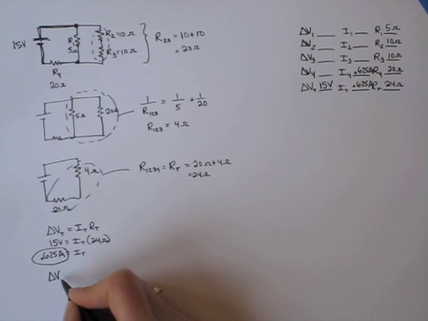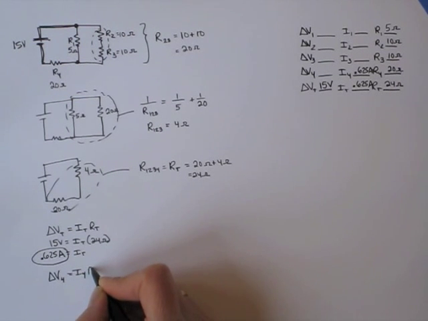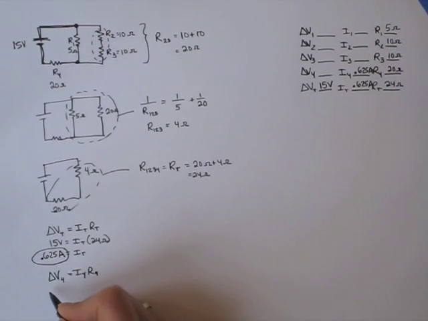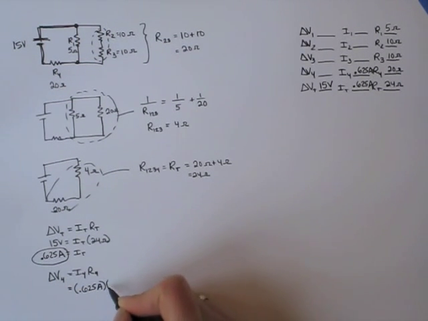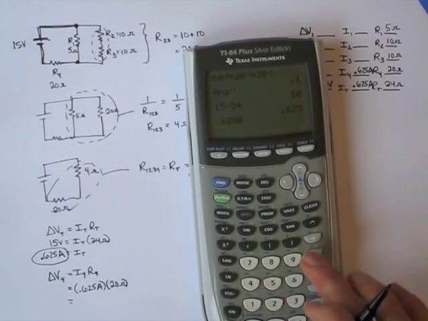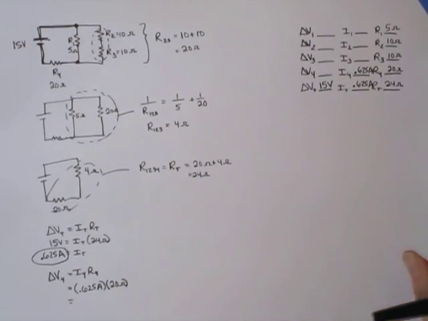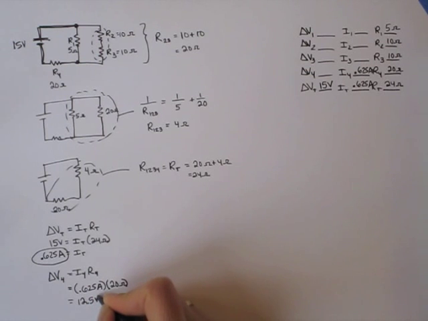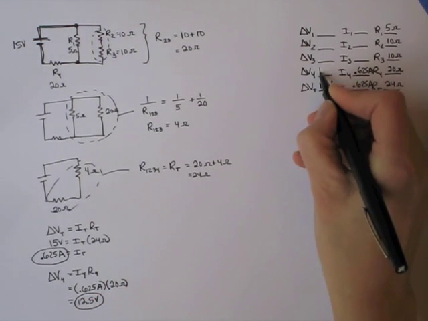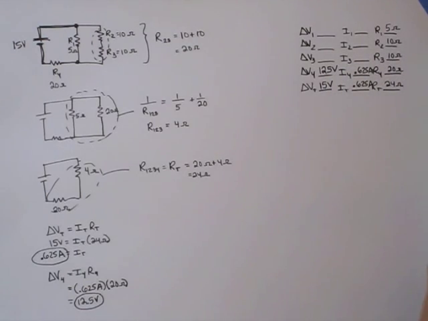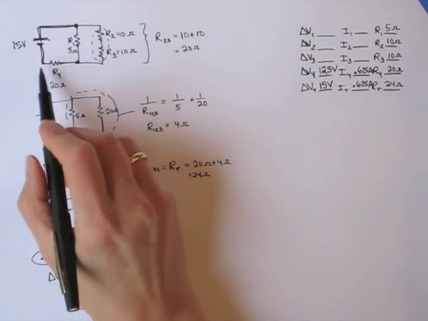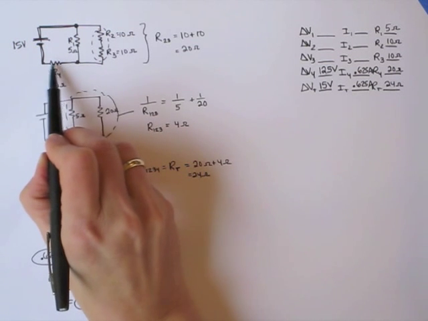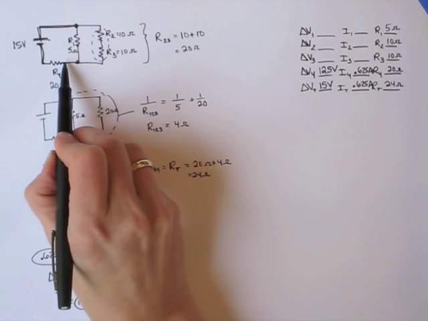So the pressure difference across resistor 4 is the current through resistor 4 times the resistance of resistor 4. So the flow was 0.625 amps. The resistance was 20 ohms. So 0.625 times 20 is 12.5 volts. Okay, so that tells us that the pressure difference over R4 is 12.5 volts.